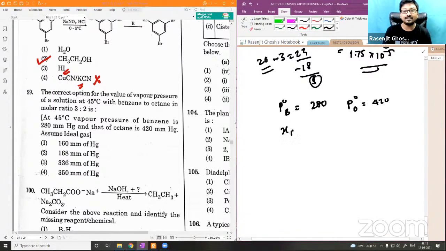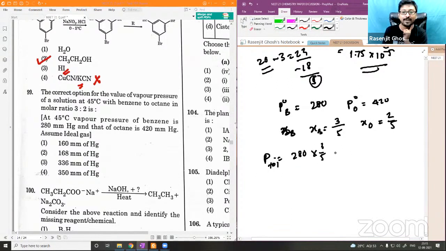Now, what is the mole? You have to calculate the number of moles. The molar ratio is 3:2. So what is the mole fraction of benzene? 3/5, that is 3/(3+2). And the mole fraction of octane is 2/5. Now, using Raoult's law, P total is 280 into 3/5 plus 420 into 2/5.